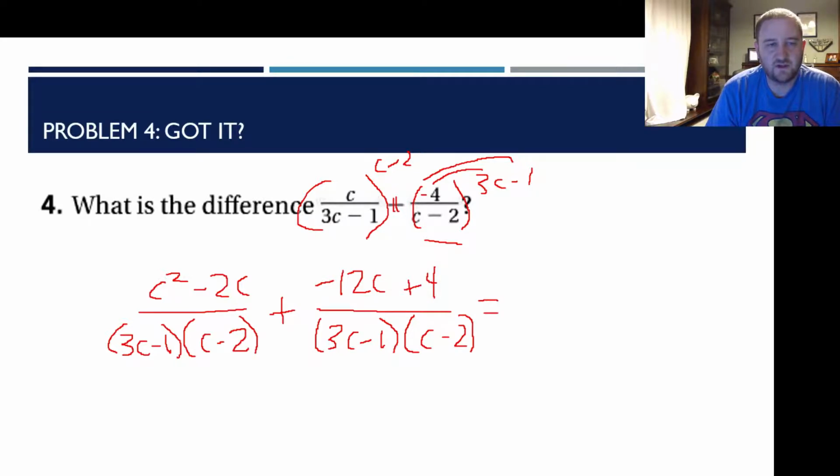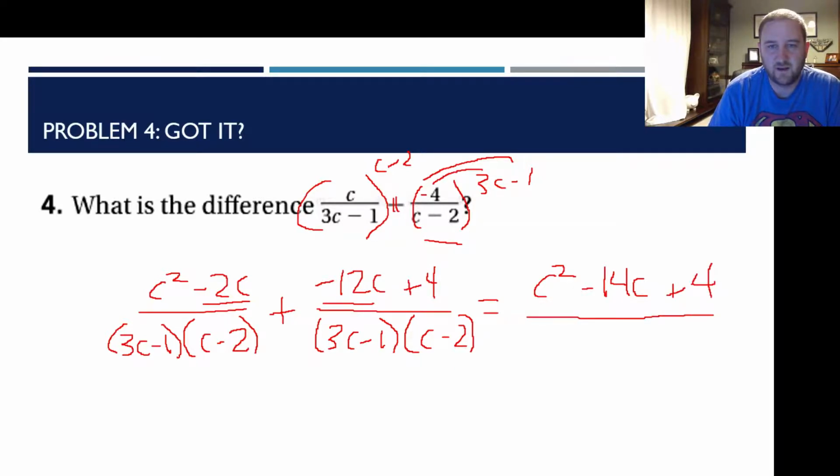Okay, and now we change the subtraction to addition, so c squared has no other like term, so it's going to be c squared. Then negative 2c minus 12c is going to be a negative 14c. And then we've got plus 4 at the end. And then that's over 3c minus 1 over c minus 2.